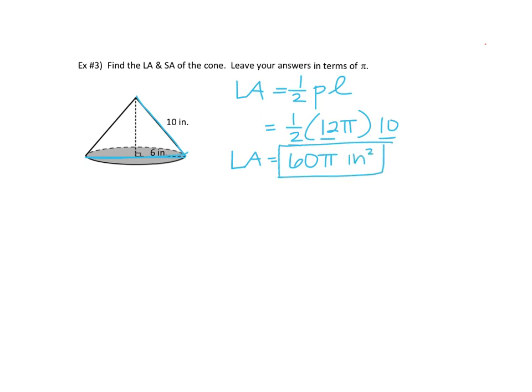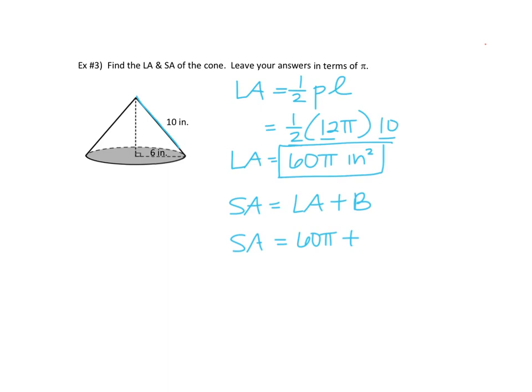Okay, so that's lateral area. For surface area, you're doing the lateral area plus the area of the base. So you're taking the 60 pi lateral area plus the area of this base.